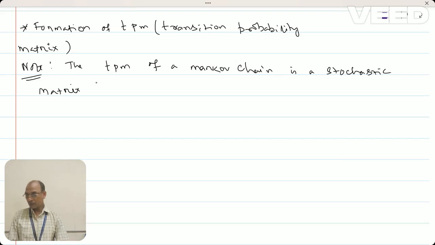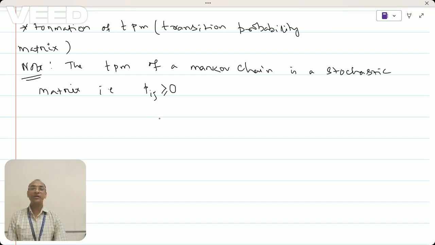What is the meaning of stochastic matrix? Each entry of the matrix is either 0 or greater than 0. There should not be any negative element in the transition probability matrix. So this is the first condition we have to see.